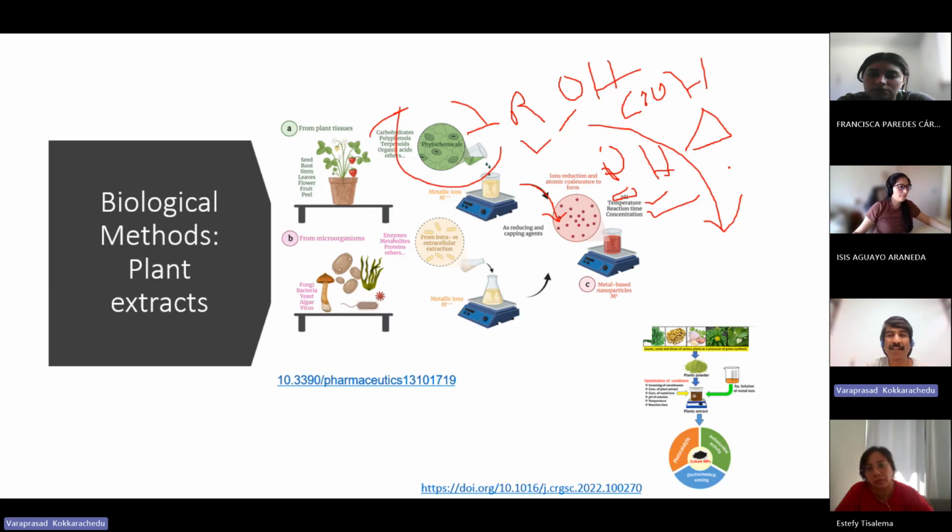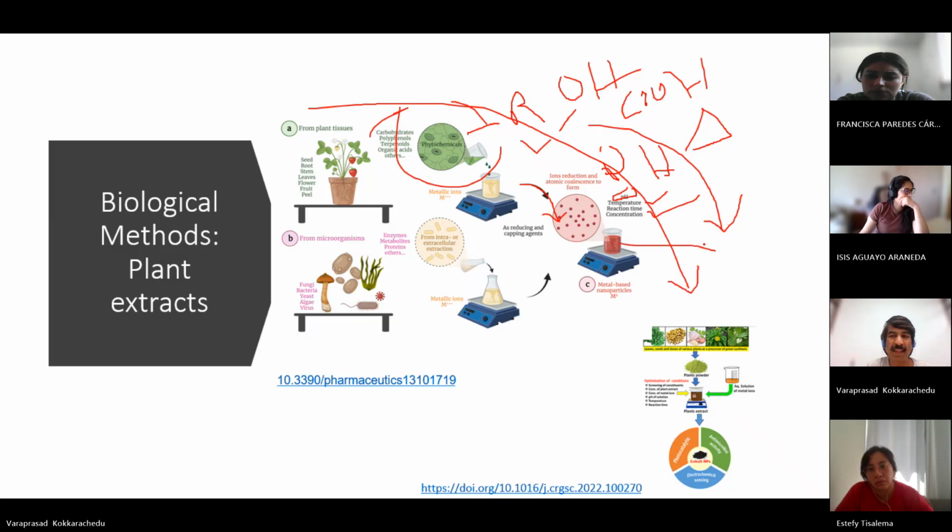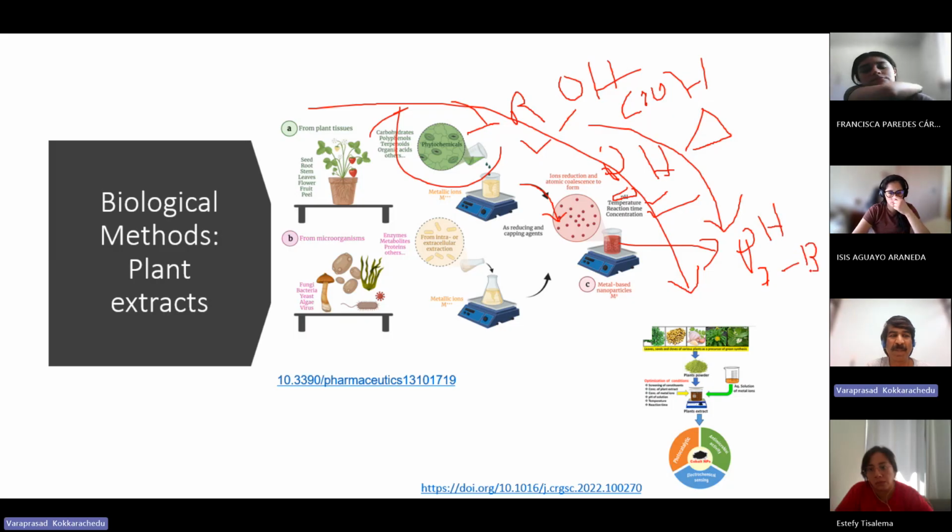Remember, all the time, when you synthesize nanoparticles, when this reaction liquid's pH is 7 to maybe 13 or 14, we will get the nanoparticle. If the pH is very low, we can't get the nanoparticles.